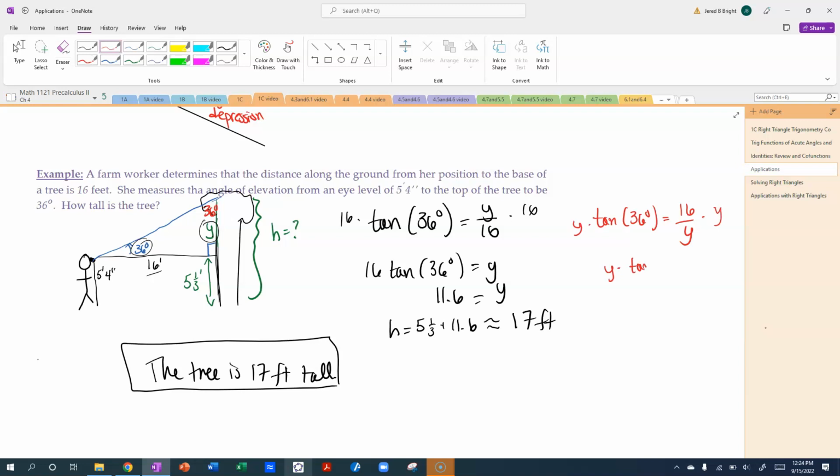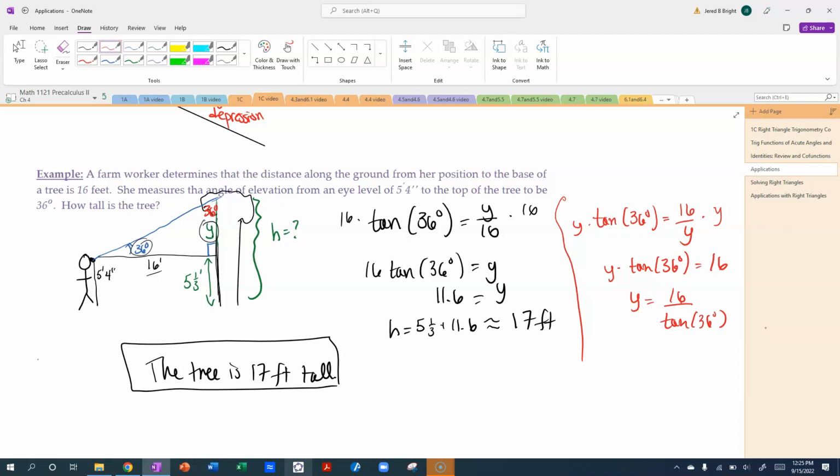So you'd have y tangent 36 degrees is equal to 16. This one has a little bit more algebra. Then divide by tangent, so y is equal to 16 over tangent of 36 degrees. You'd have to number crunch that, and you'll be off a little bit.